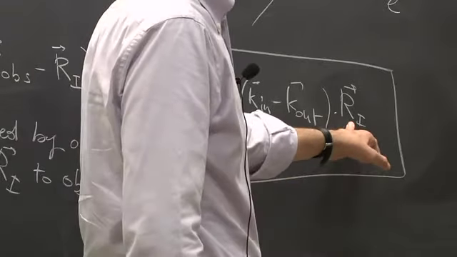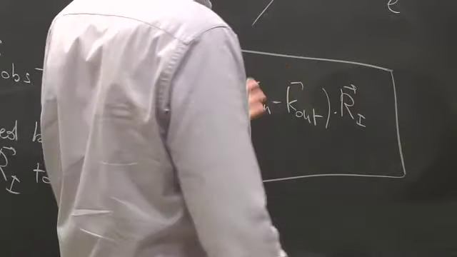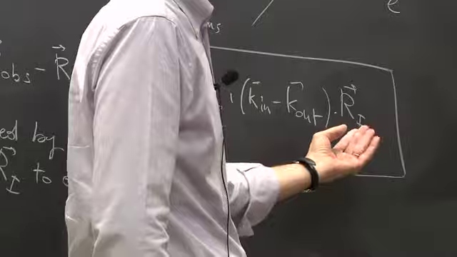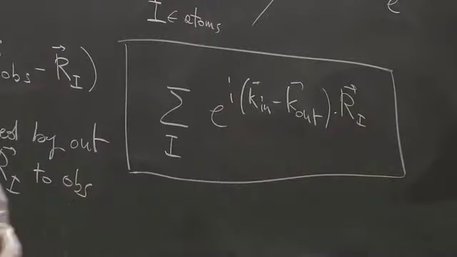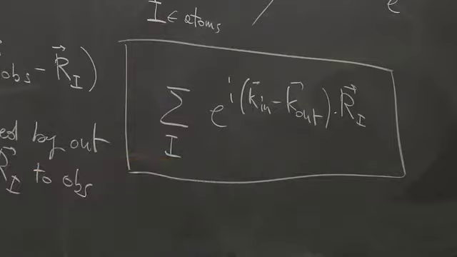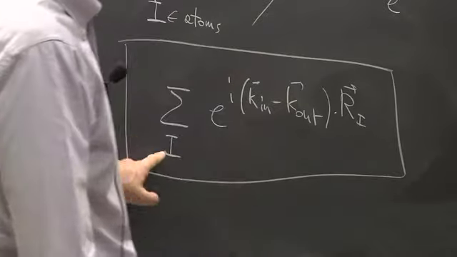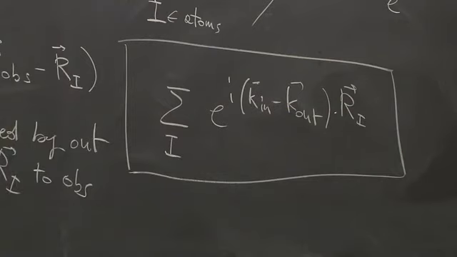So the question is, what is this sum going to give me if I sum it over 10 to the 23rd atoms? Because I have a macroscopic sample, so here I have something of 10 to the 20, 21, 22, 23rd. So I'm going to make some phases out of a huge number of positions.